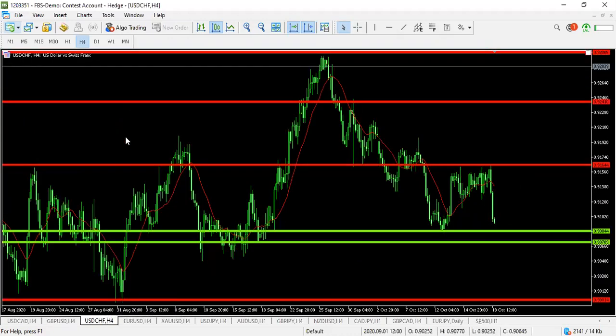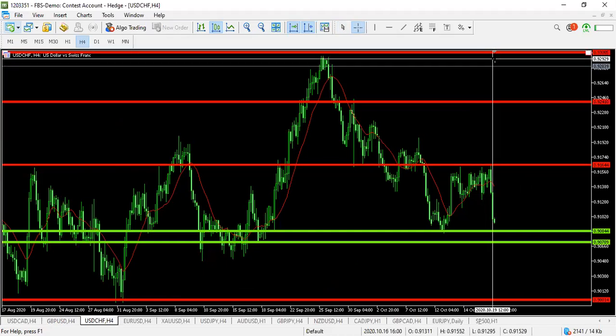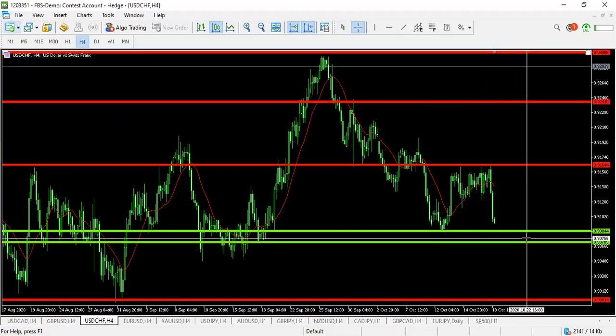USD Swiss franc. We're looking for short positions from this zone, from 0.93 zone all the way high, 0.9800 and 0.90700.